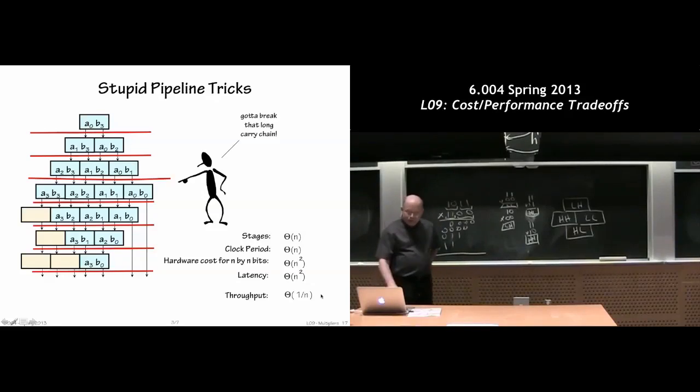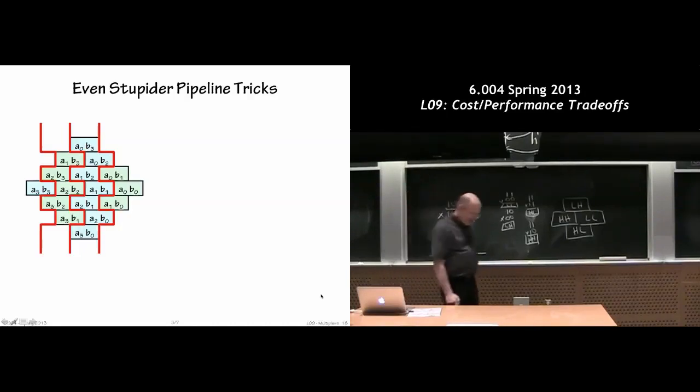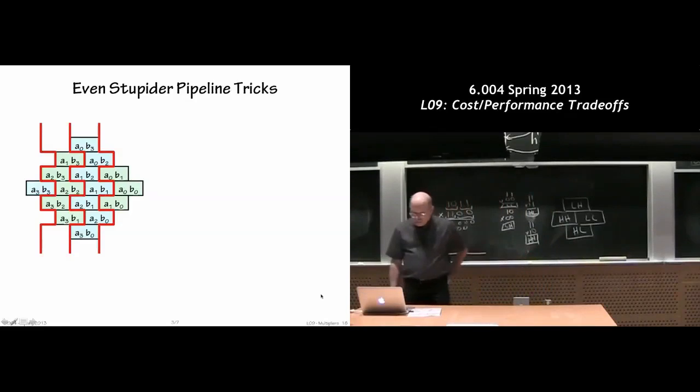And the problem is this order n cost in each pipeline stage. I know, I'll break the carry chain this way. Here's my picture carefully showing a bunch of arcs. Well, this is just stupid, okay? This is, I love this word, stupider. This is not a well-formed pipeline at all.